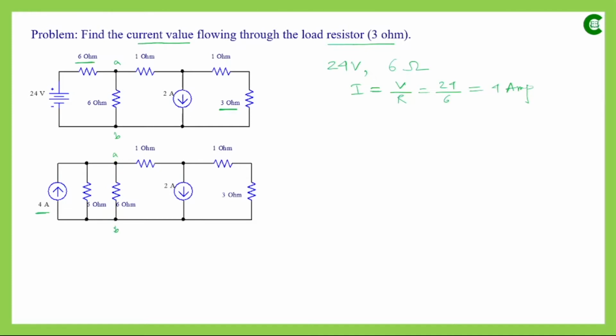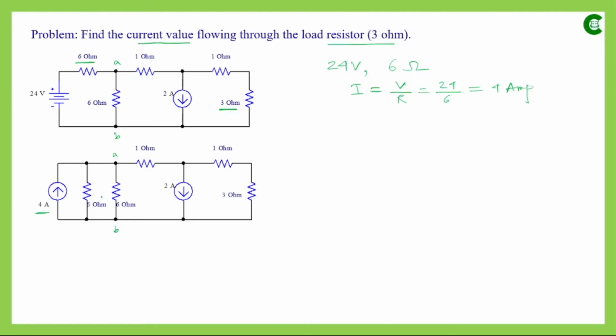The current source will be connected in parallel between these two terminals A and B, and also the resistor will be connected in parallel between these two terminals. So in the transformed circuit these three will be connected in parallel, and the rest of the part of the circuit will remain the same.